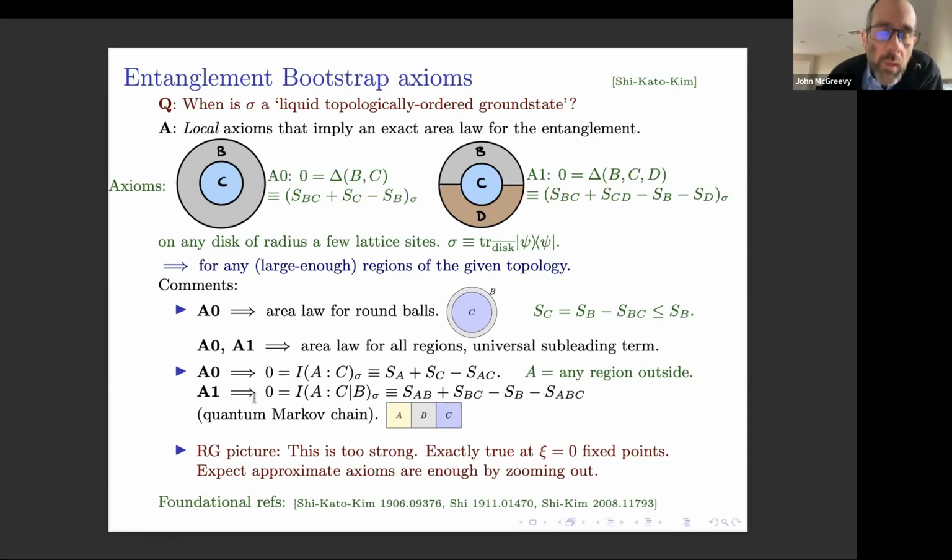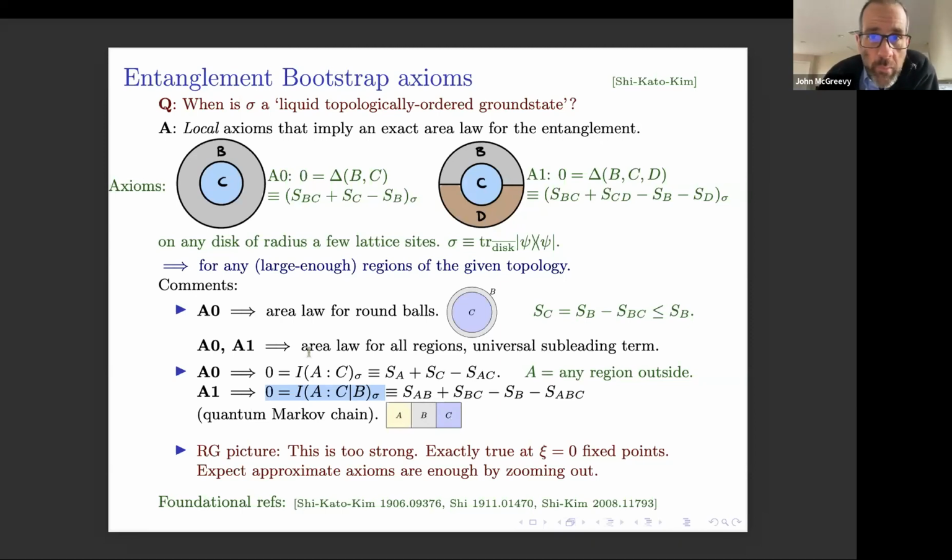And similarly, A1 implies that ABC, where C is again the interior of the ball and A is any region outside, form a Markov chain. That is, this conditional mutual information between them exactly vanishes.